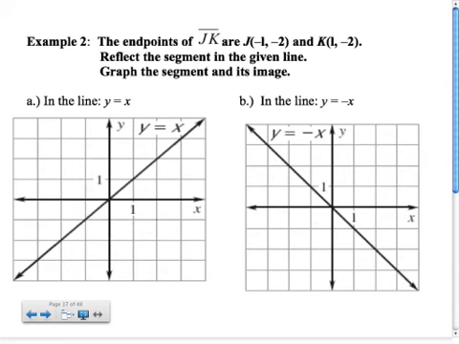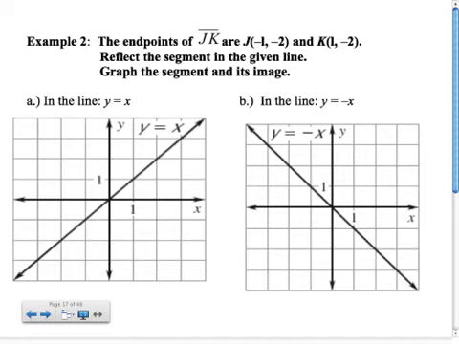It says the endpoints of JK are J is (-1, -2) and K is (1, -2). Reflect the segment over the given line. So again, this comes back to the idea that you can either count, or you can know the coordinate rule.